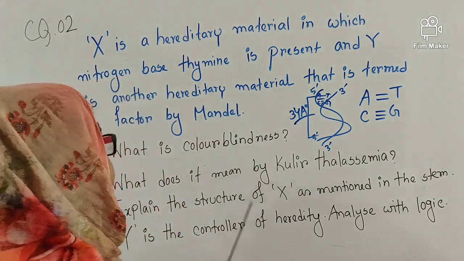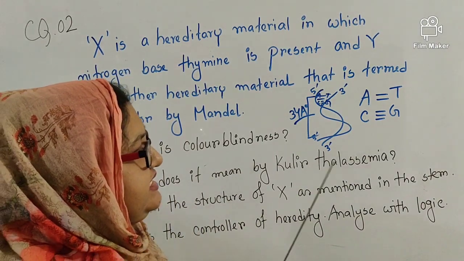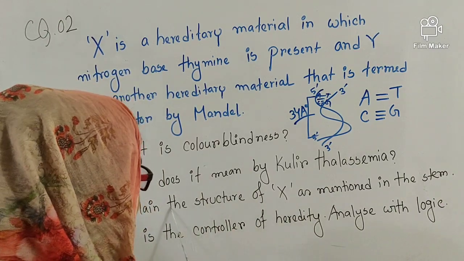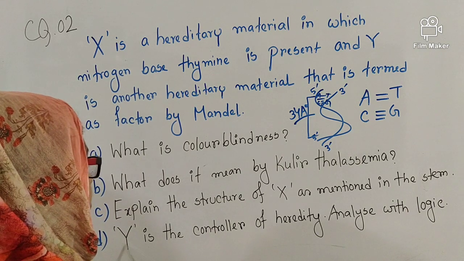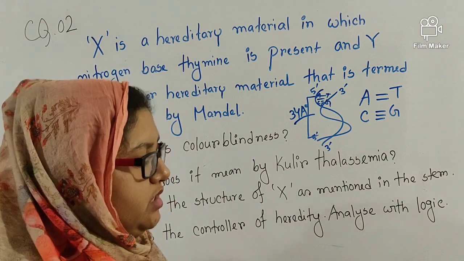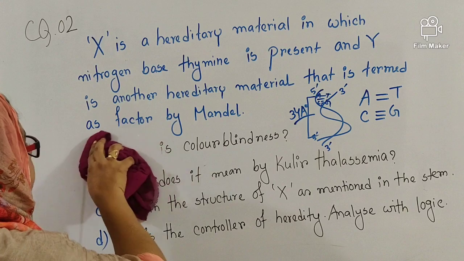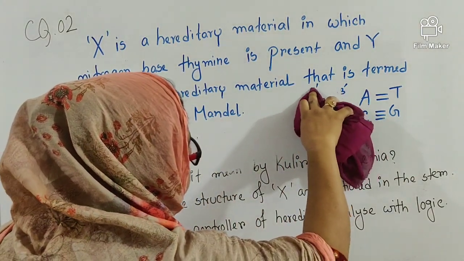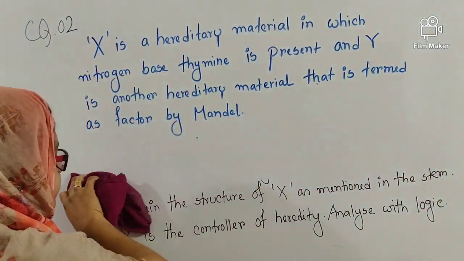Okay, now the next question. So this is the answer to question number C. Now, in case of question number D, Y is the controller of heredity. Analyze with logic. My dear students, you can see that as I have told you, Y is indicated as factor, and that was termed factor by Mendel.